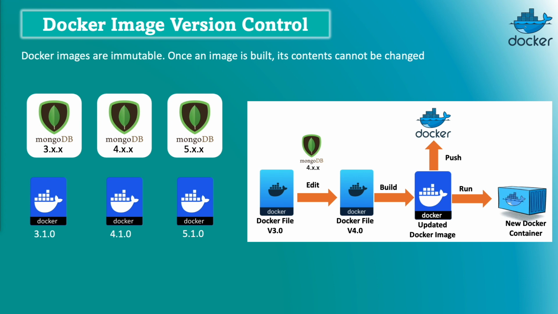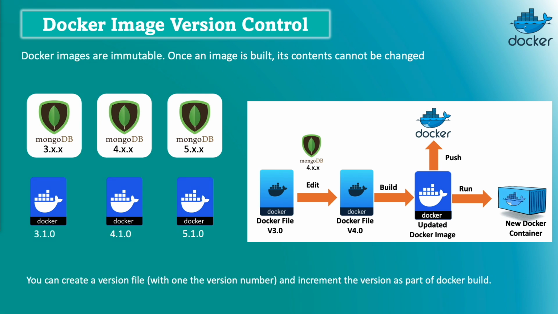There are multiple options you can use to maintain the image versioning. Using the image tag or the version number is one of them. Now, if you have a use case to show the version number in your application code, then instead of hard coding the version number, create a version file with only the version number.